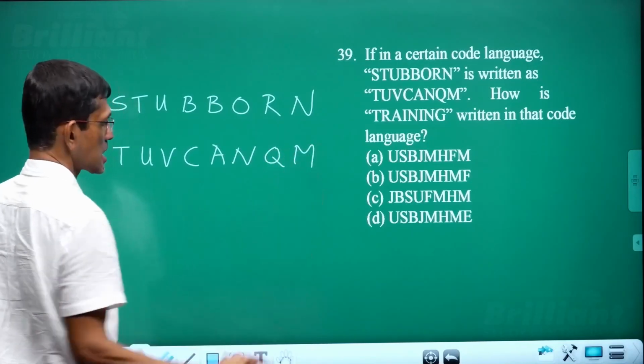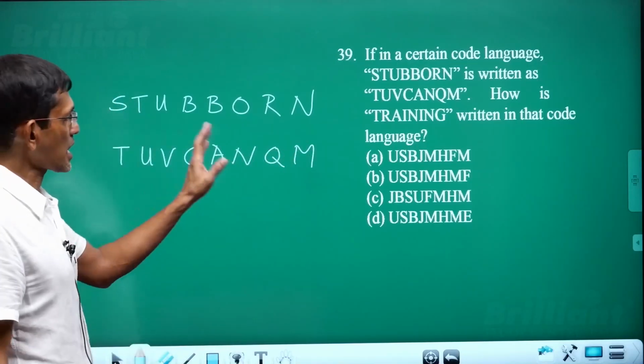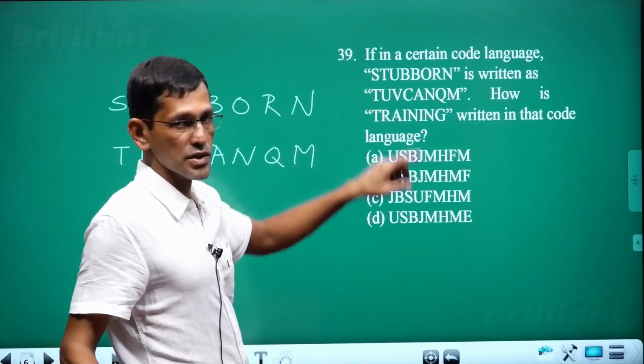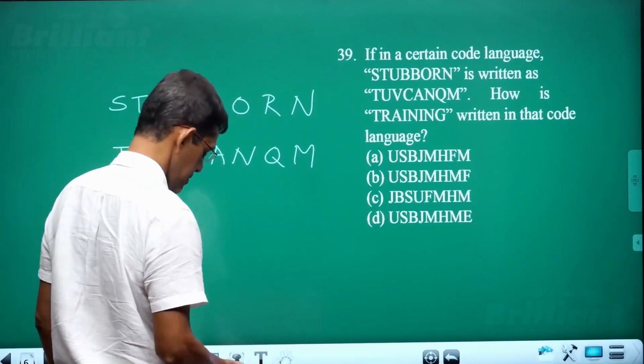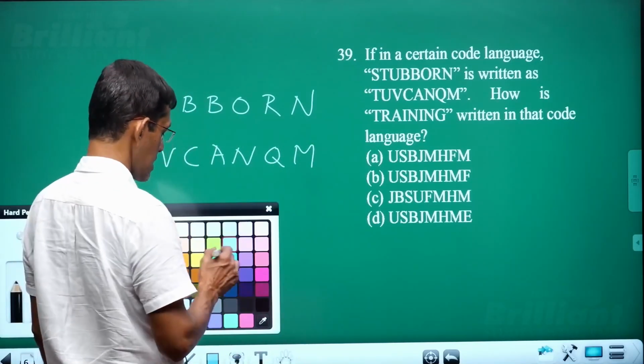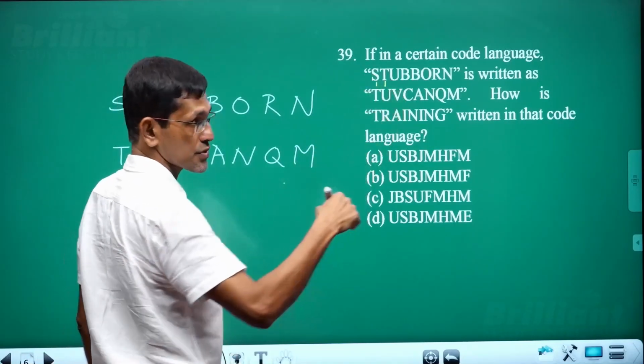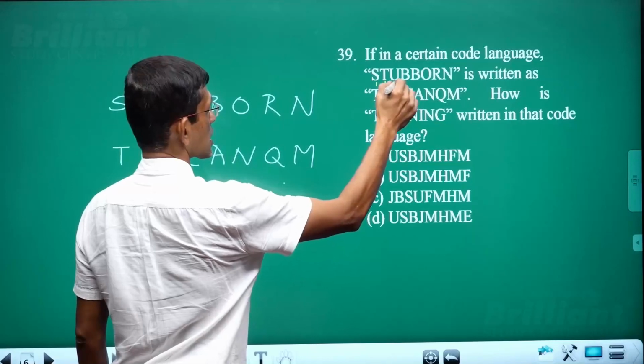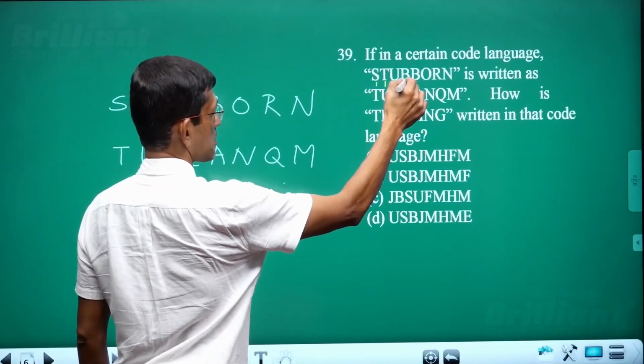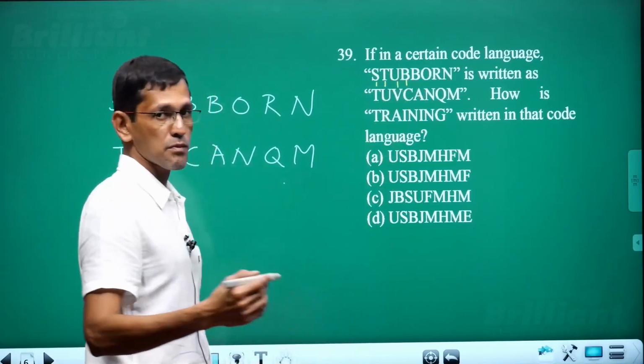It is not necessary that you rewrite it. If you can get it from here, that is good enough. You see there is a connection. S is written as what? T. T is written as U, its next letter. U is written as V, and B is written as C. So plus 1, plus 1, plus 1.